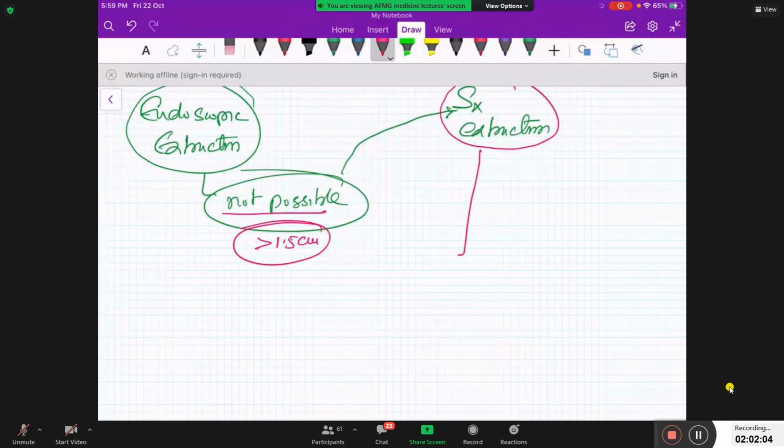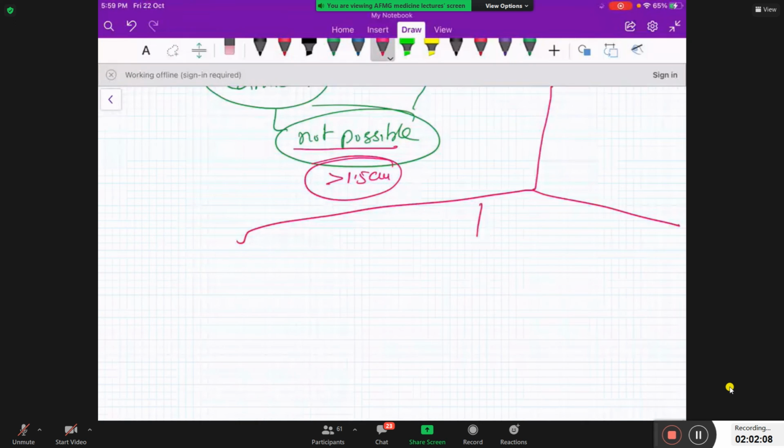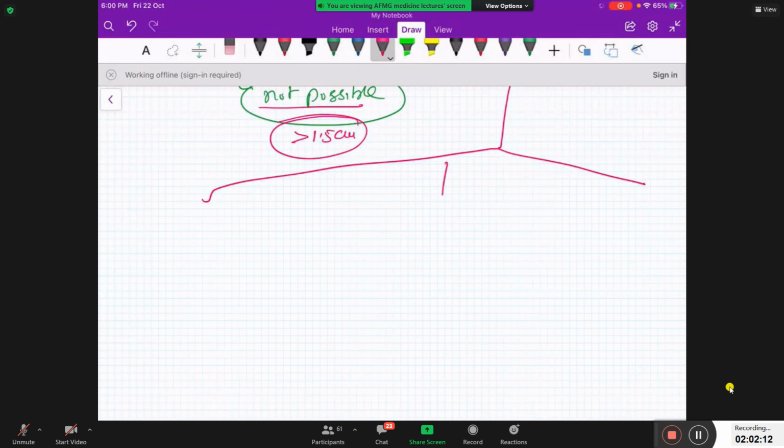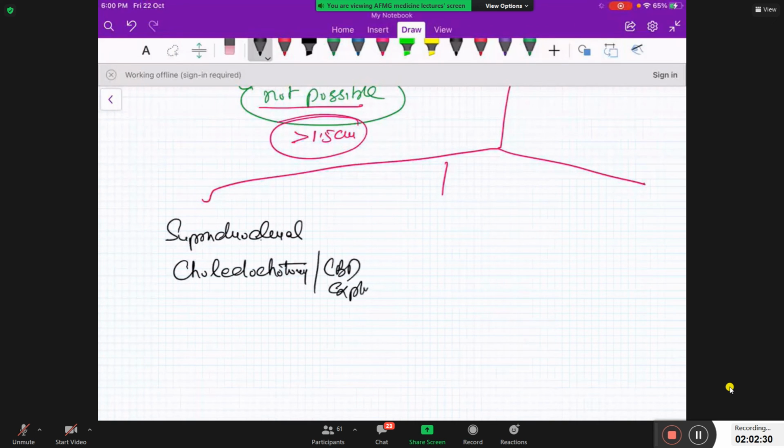In surgical extraction, we have three options. What are those three options? Supraduodenal choledochotomy, which is also called CBD exploration.